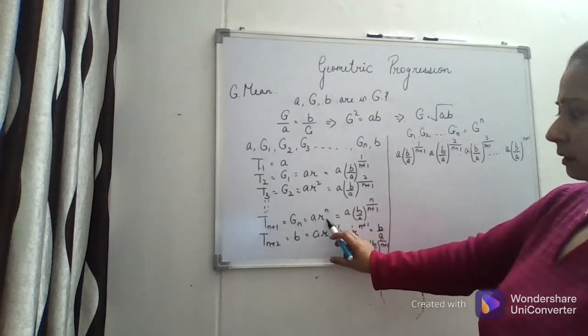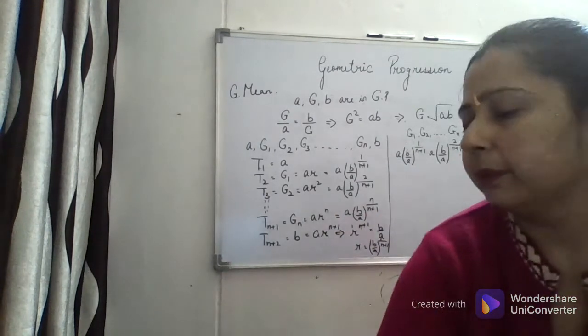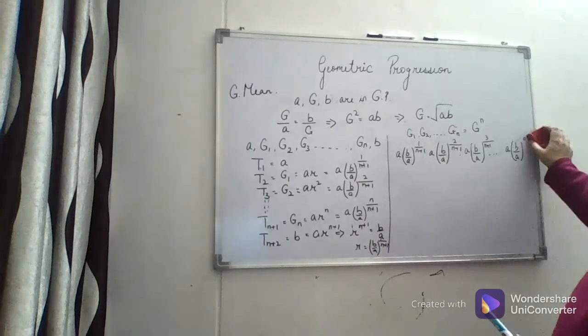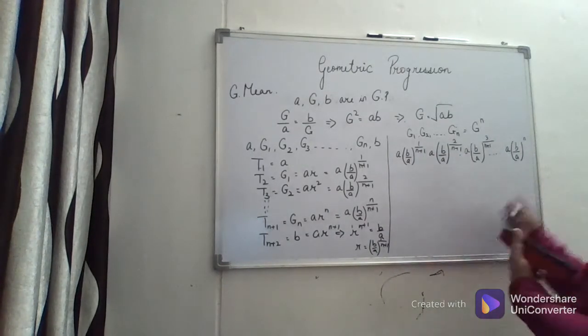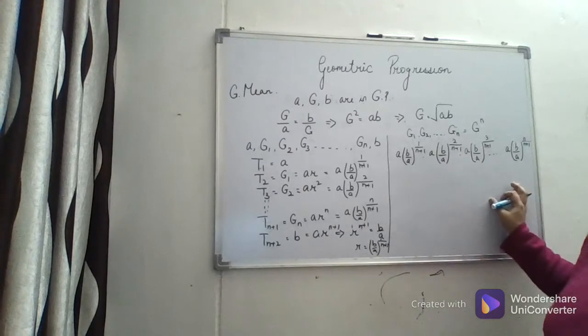Gn is over here. So I'm going to get only n by n plus 1. I hope it is clear to you.